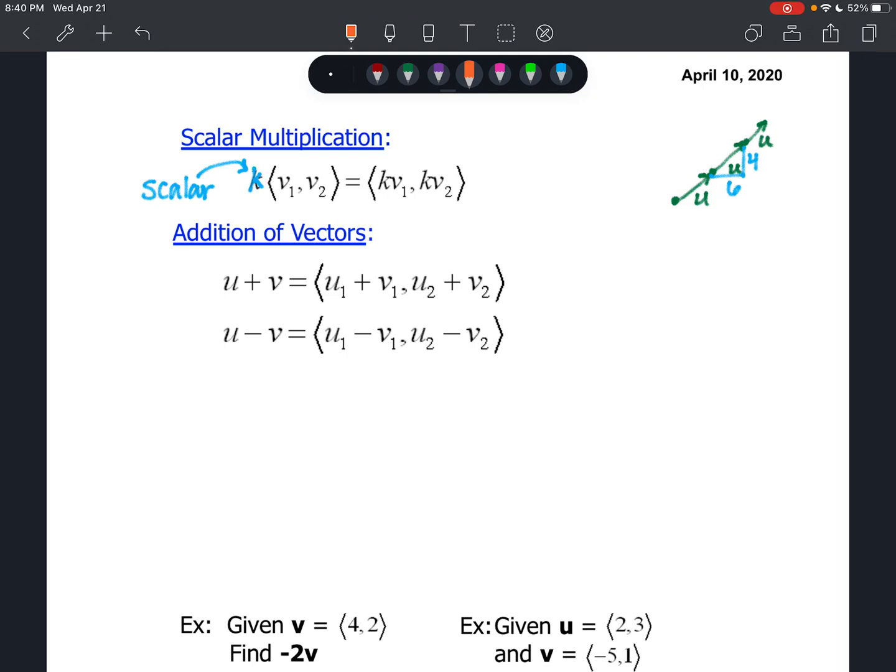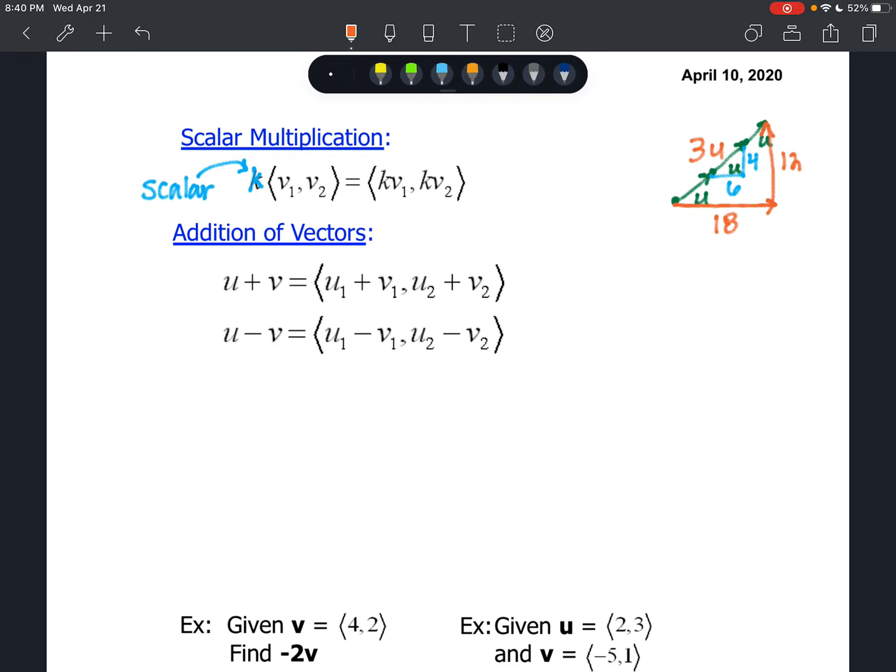Well, having 3 u's made our horizontal component become 3 6's, which was 18, and then 3 4's, which is 12. So 18, 12 would have been our horizontal change and our vertical change. So you can see that that scalar of 3u impacted both the horizontal and the vertical component.